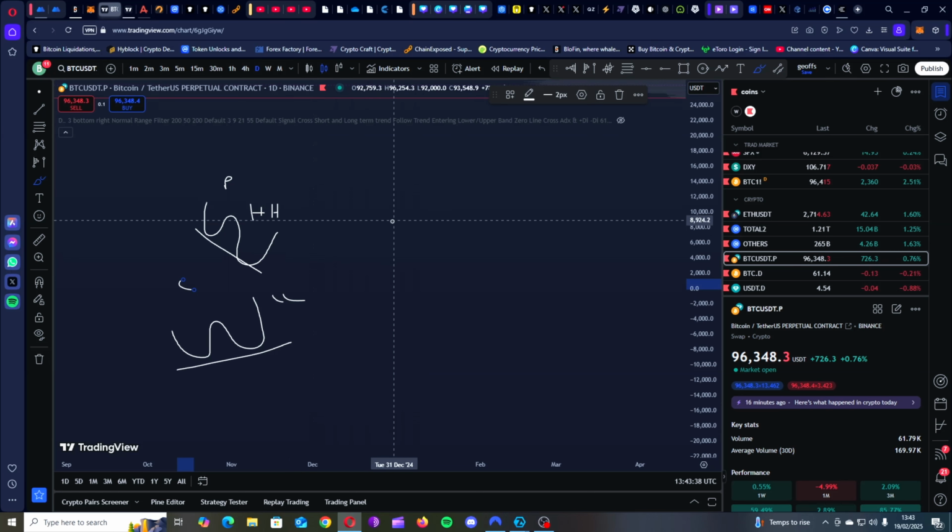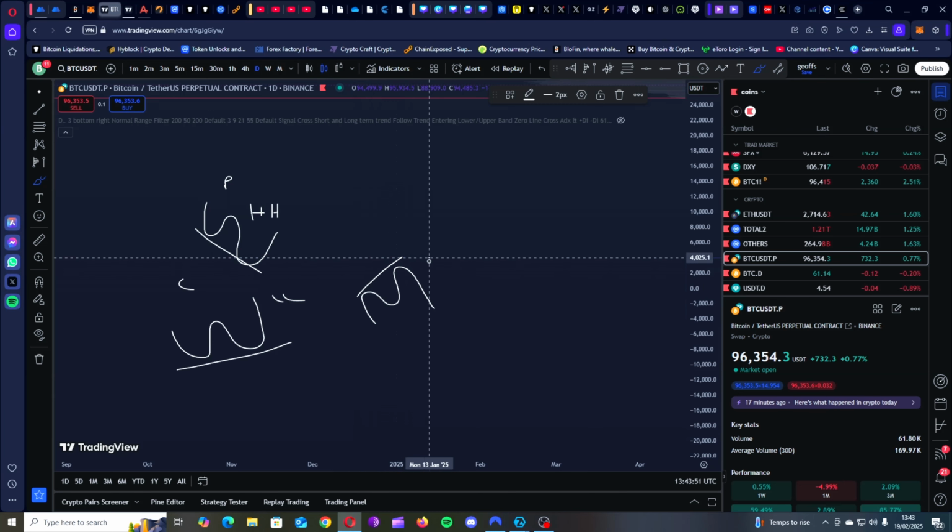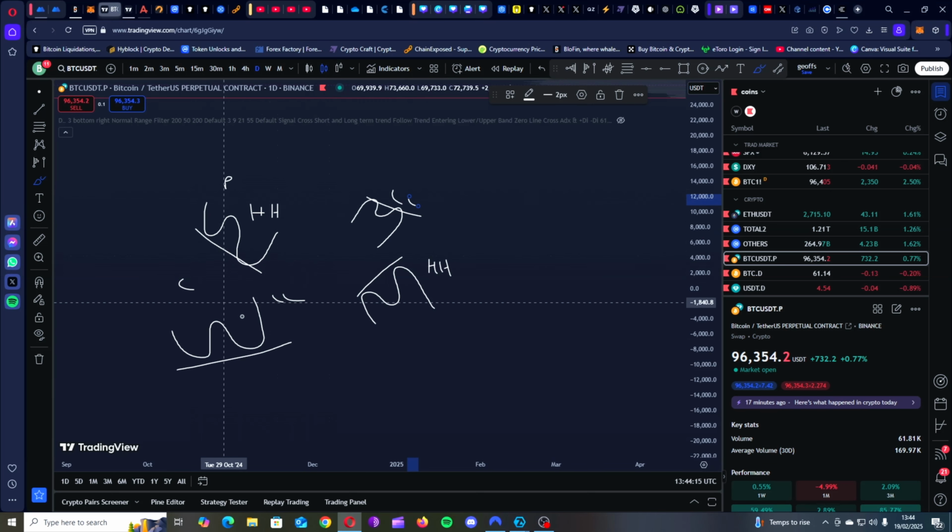And then there's also another example of price doing this. So we're creating higher highs on the price. But on CVD is doing this, making lower lows. So that's what you've got to look out for.